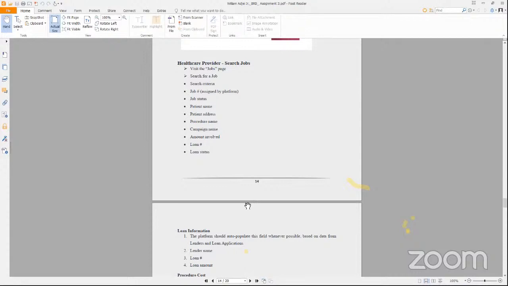There'll be other users who would want to have access to the platform, maybe to verify whether we are adhering to the rules and the laws of the land and so on.